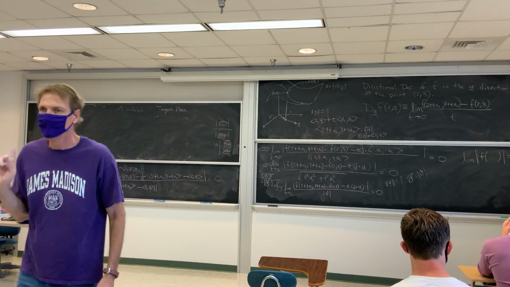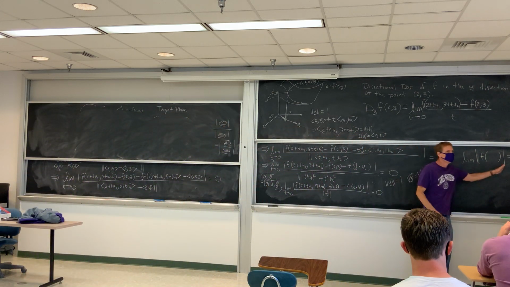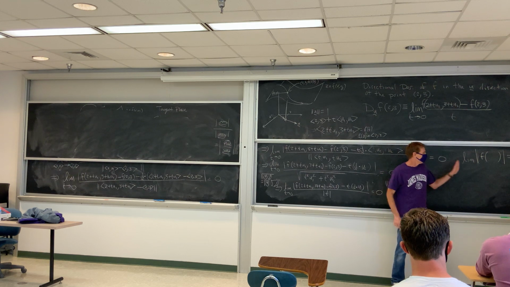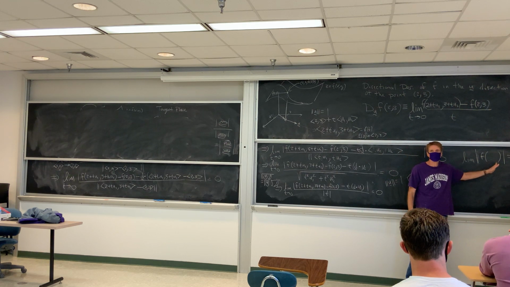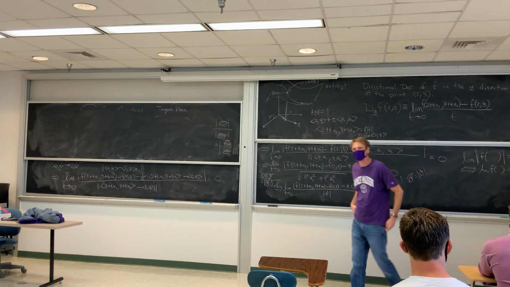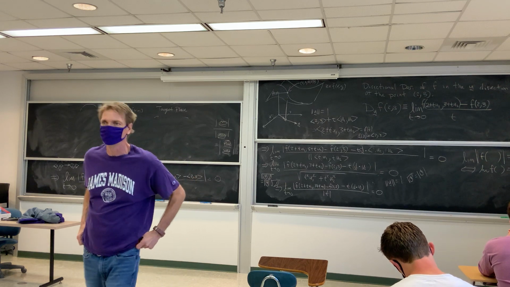If the limit of the absolute value of a function is 0, this is an if and only if, then the limit of the function itself is 0. It's vital. You'll never get it to follow if it's like 7.